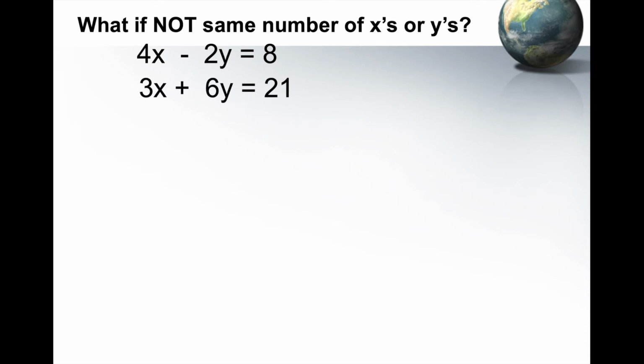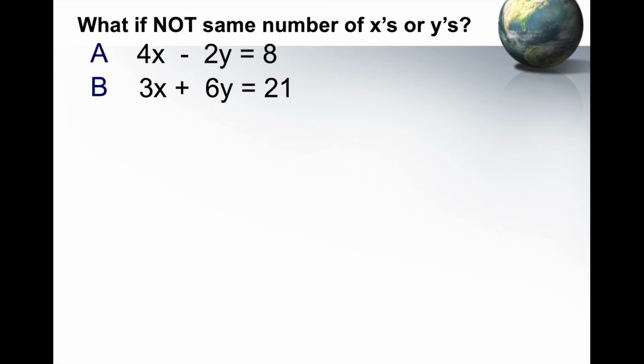Okay, in this example, neither x nor y has the same number. Basically what you need to do in this case, when none has the same number, is choose which one that you want to eliminate.